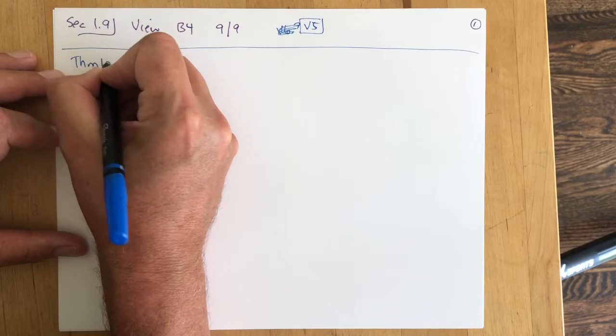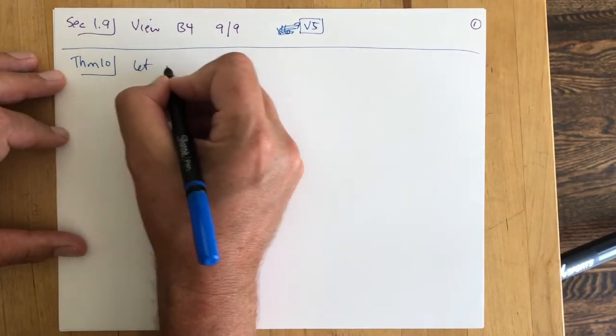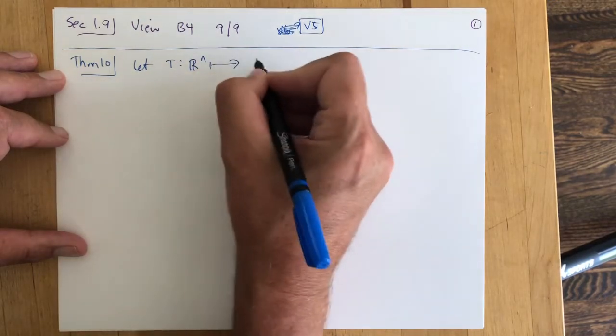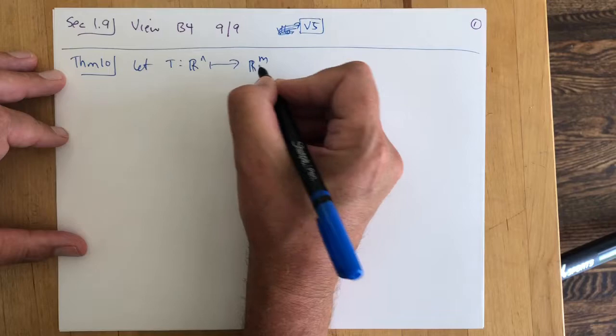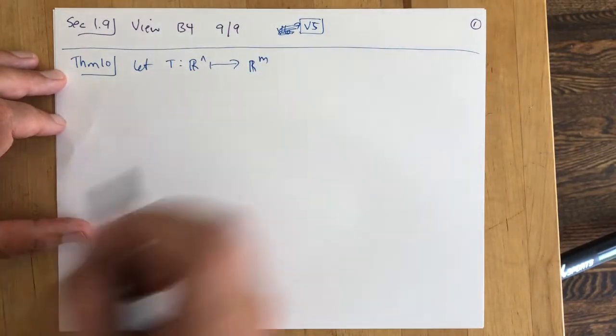So this is theorem 10 in the book. Let T be a linear transformation from Rn to Rm.